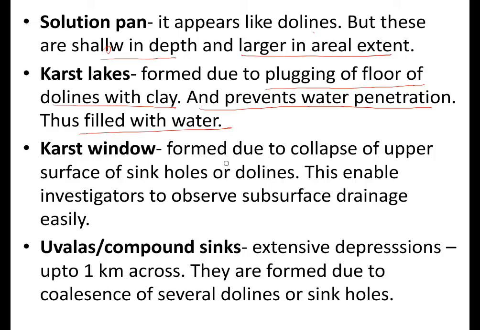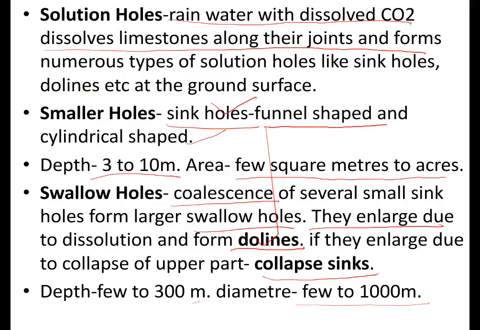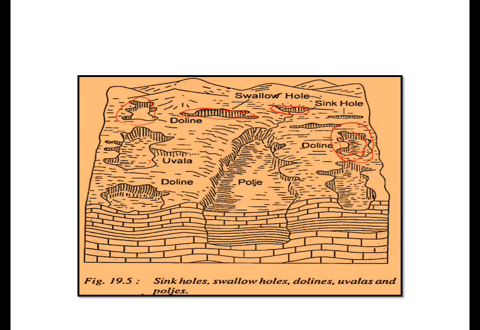Then the karst window is formed due to collapse of the upper surface of sinkholes or dolines, and this enables the investigator to observe subsurface drainage easily. Here the upper surface is collapsing, because of that this window-like structure is formed. Because of the collapse of the structure, it becomes more visible.